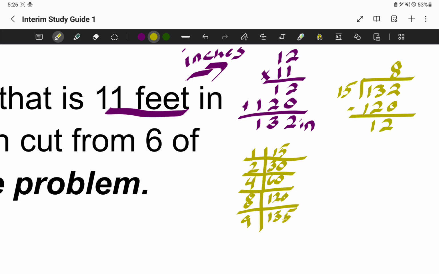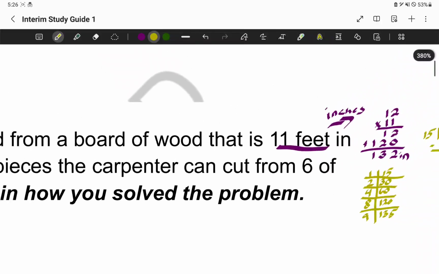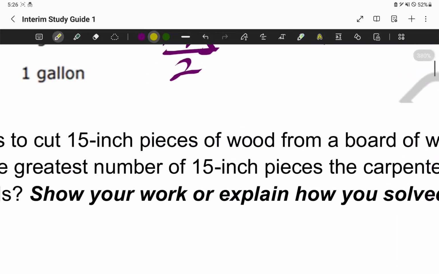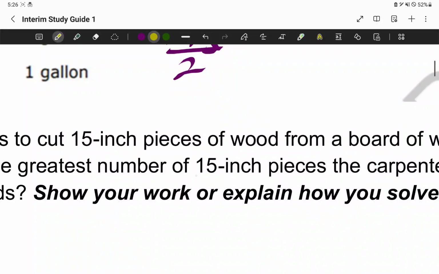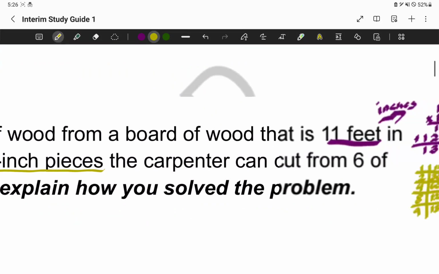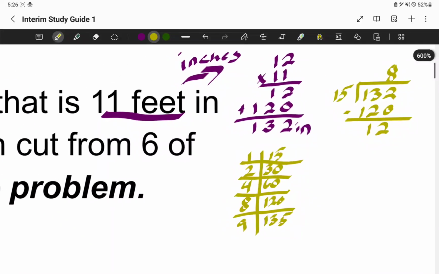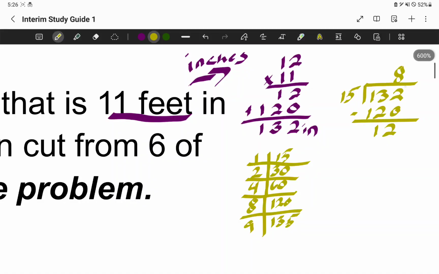Now, again, I can keep going for the decimal, but we're only looking for whole pieces, not fractional pieces, because it says here, what is the greatest number of 15 inch pieces? If I kept going, I'd get a decimal piece, and that isn't a 15 inch piece.